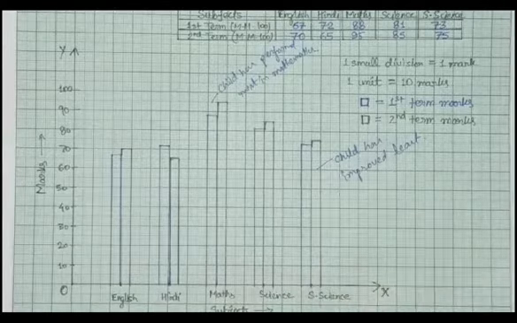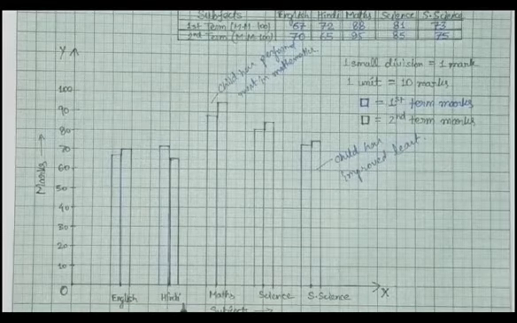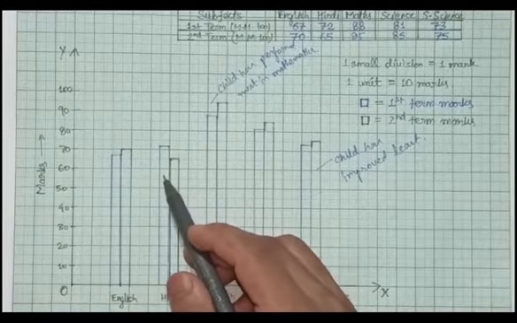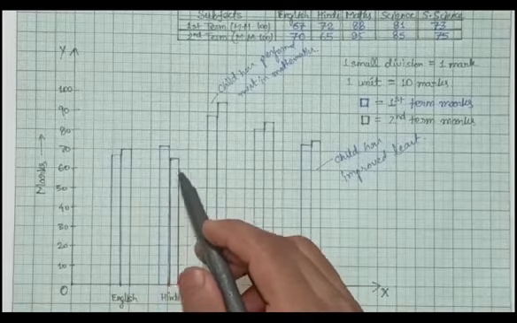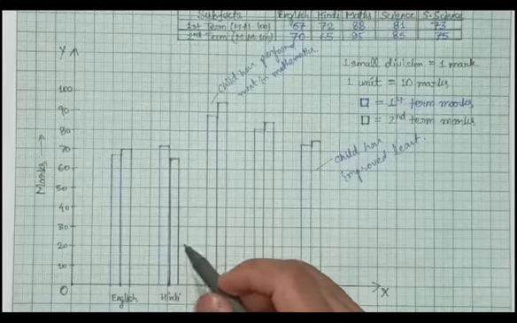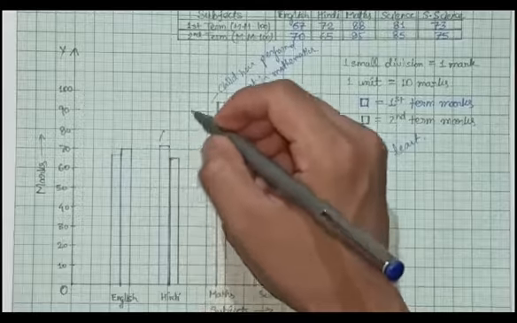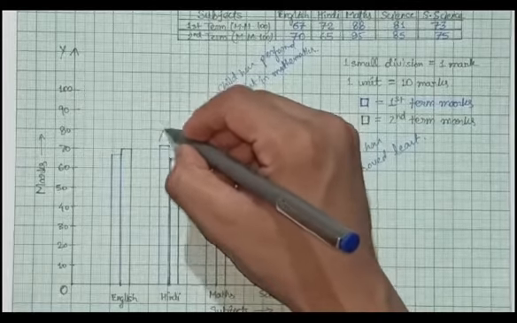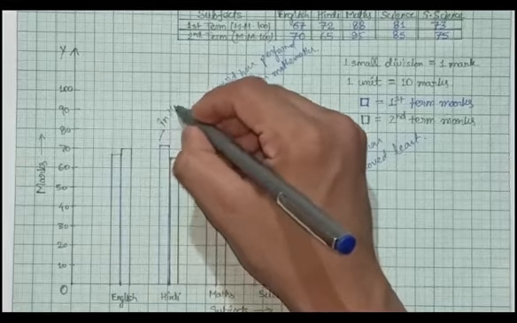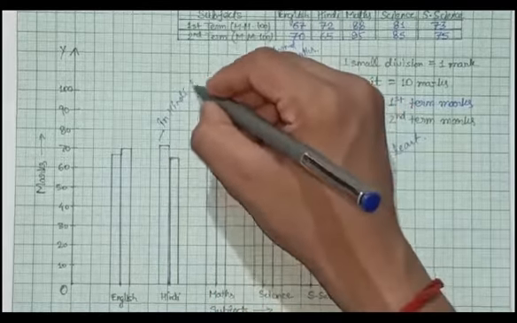So while careful observation, you can see that there is only one subject, Hindi, in which the height of the black one is less than the height of the blue one. So we can say that in the subject Hindi, the student has not improved. So this is our answer. That is, in the subject Hindi, the performance has gone down.